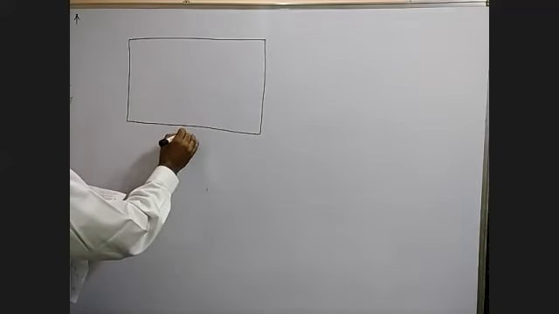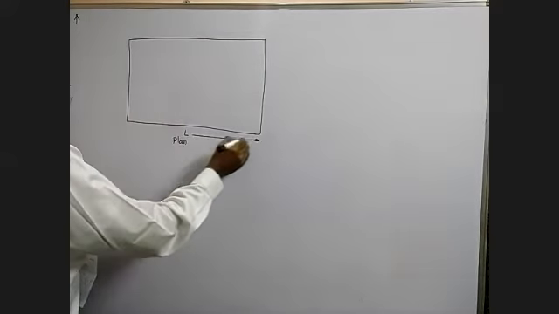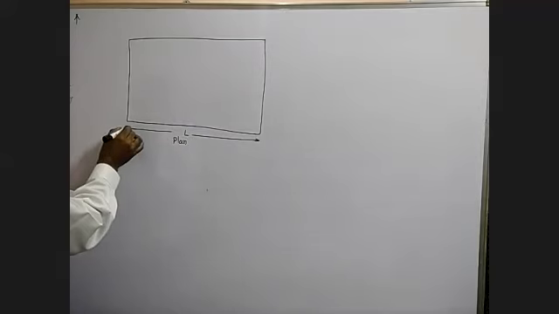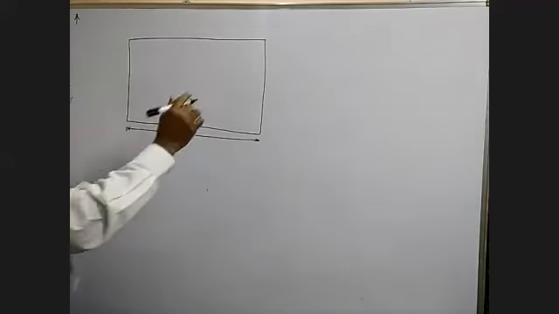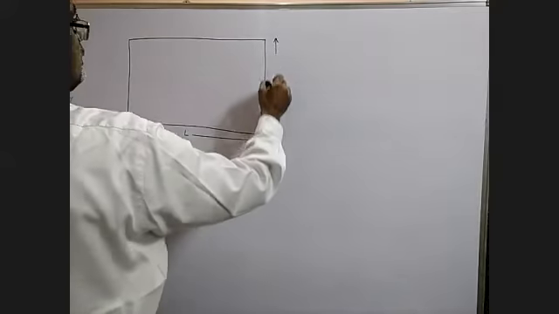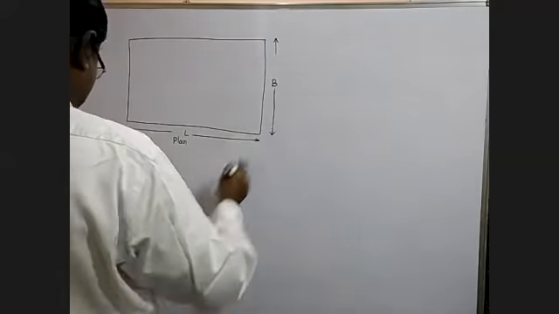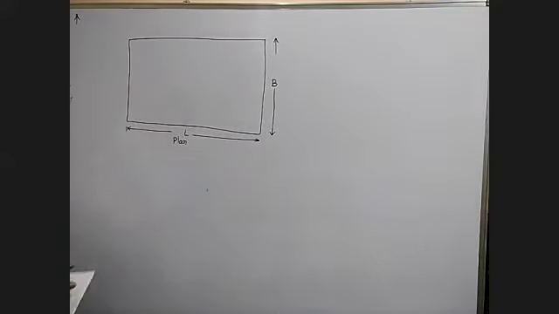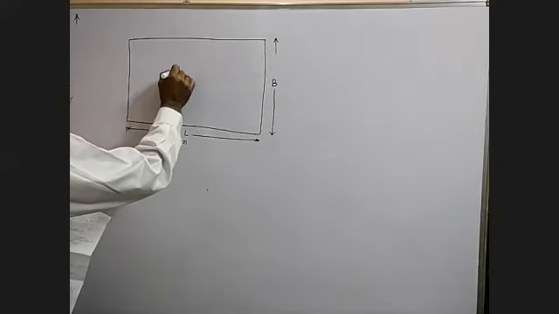Now let us say this is L. Now we are designing the rectangular footing. Let us say this is L and this is B. Okay. Now here you have the column.